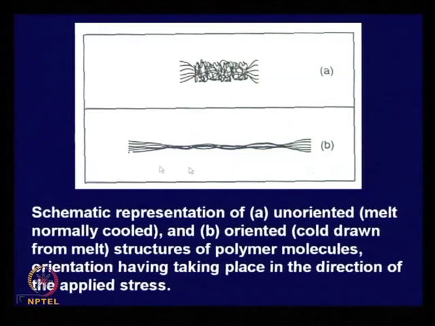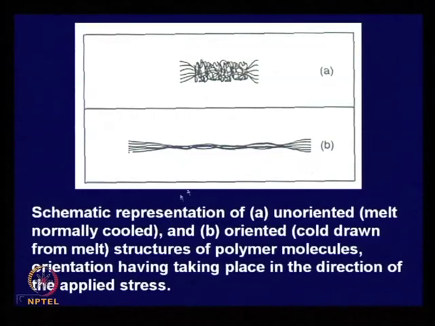That day I told you to buy this book. And this figure is oriented, cold drawn from melt. If you heat a polymer towards melting and apply some stretching force, molecules get aligned, it becomes crystalline. So, this is more crystalline than this one. This is amorphous, this is crystalline.